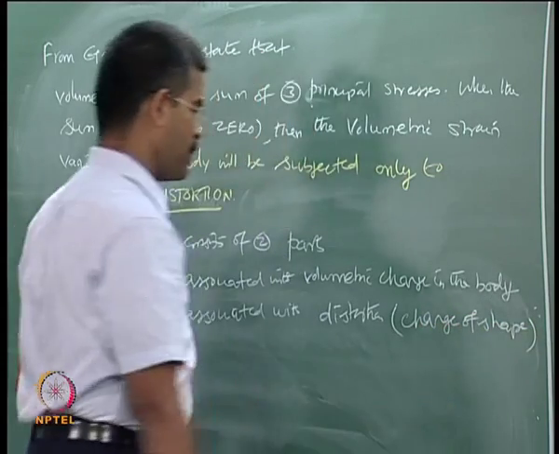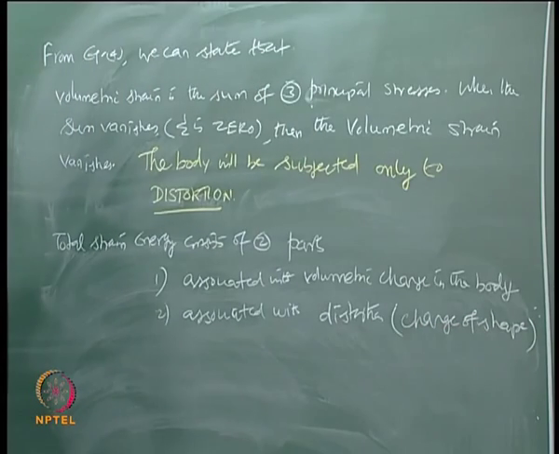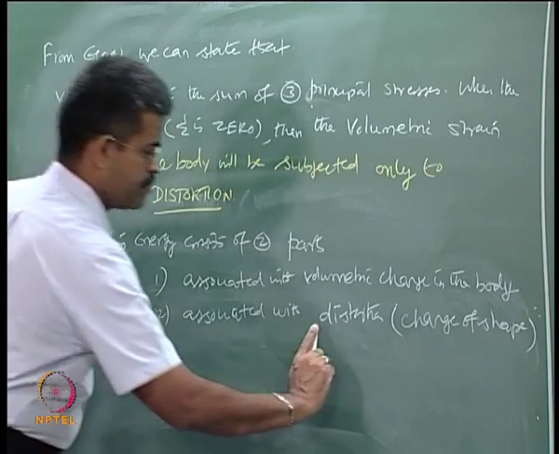Remember, change of shape and change of volume are not the same; only the shape changes, volume may remain the same. This is what we call distortion.